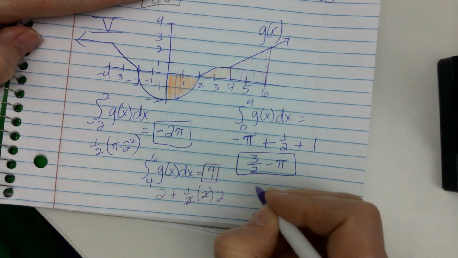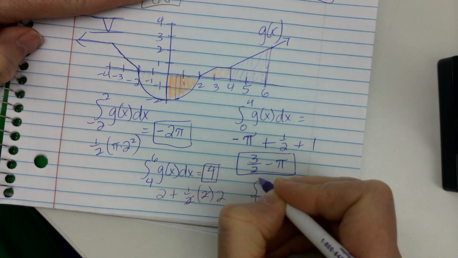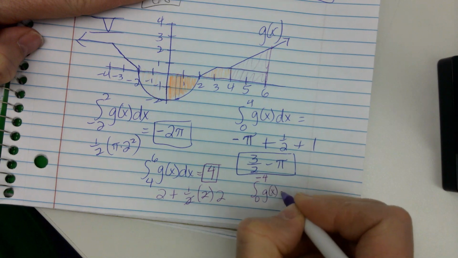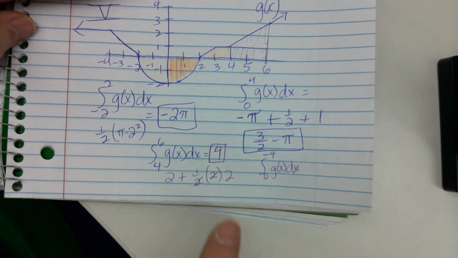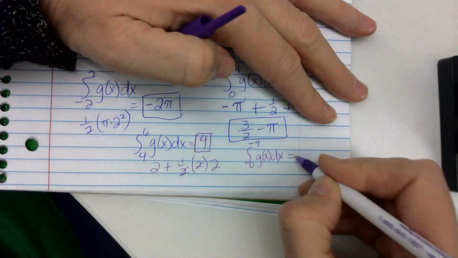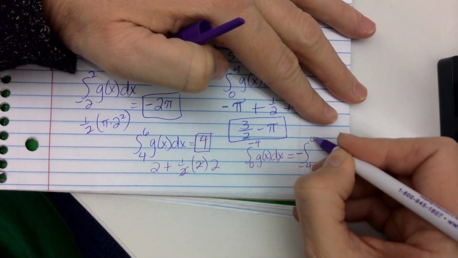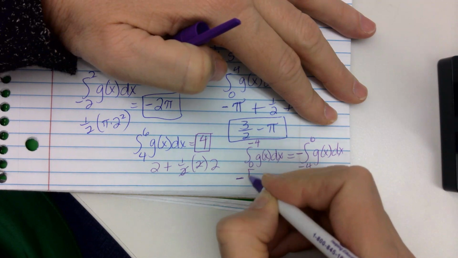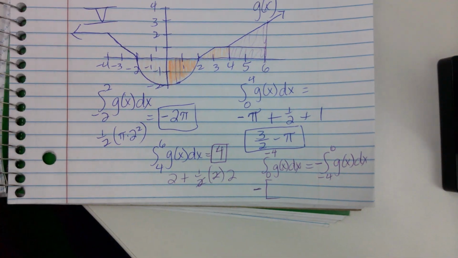Let me go a teeny bit weird. How about if I went from 0 to -4? It would have to be negative, right? It's the same thing, but negative. No, it's different. Well, I'm just going to say, let's take the opposite of -4 to 0. That's how I'm going to think of it first. So I'm going to say negative. And from -4 to -2, what is that area?